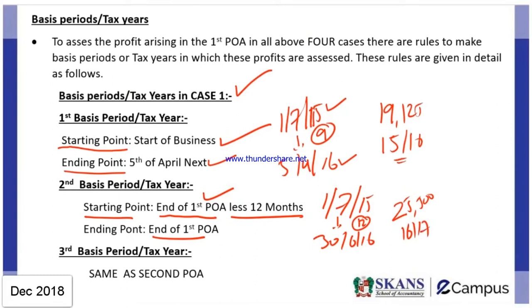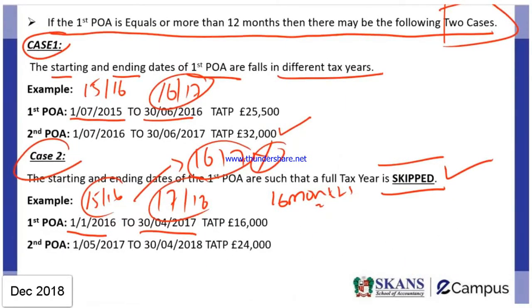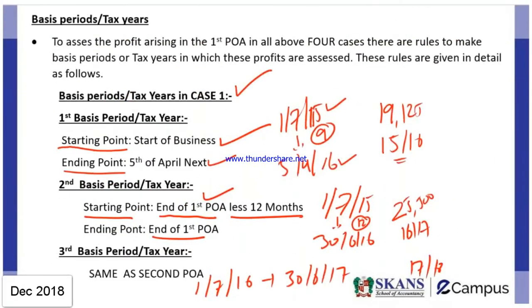The third basis period is the same as the second period of account, which in our example is from 1st July 2016 to 30th June 2017, and profits are assessed in 17/18. The whole amount is assessed in 17/18, which is 32,000.